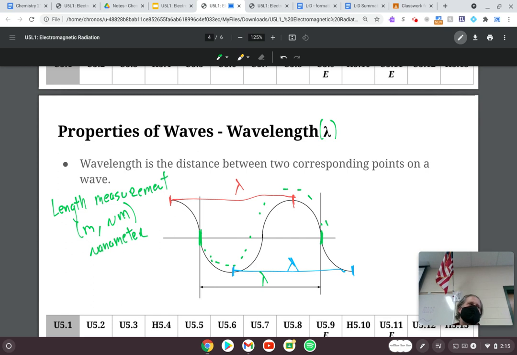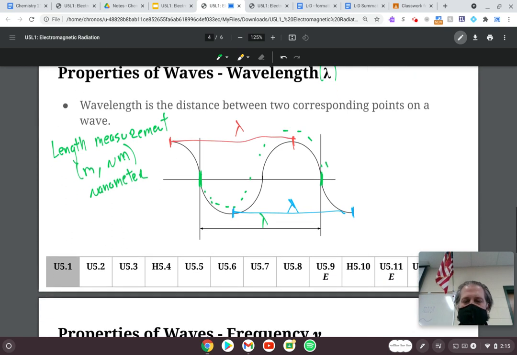Now, the bigger the wavelength, the bigger the unit we're going to use to measure it. So if a peak of a wave to a peak of a wave is really far apart, we'll use meters. If the peak of the wave and the peak of the wave are really, really close together, we will use nanometers. Okay. So that's one property of waves.